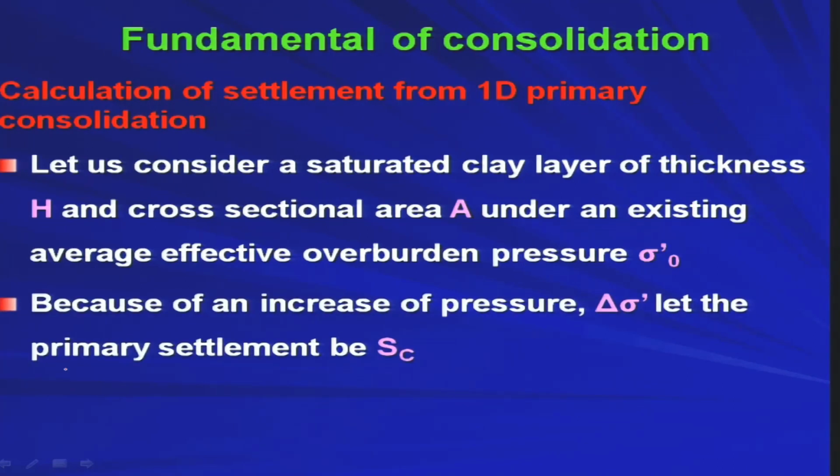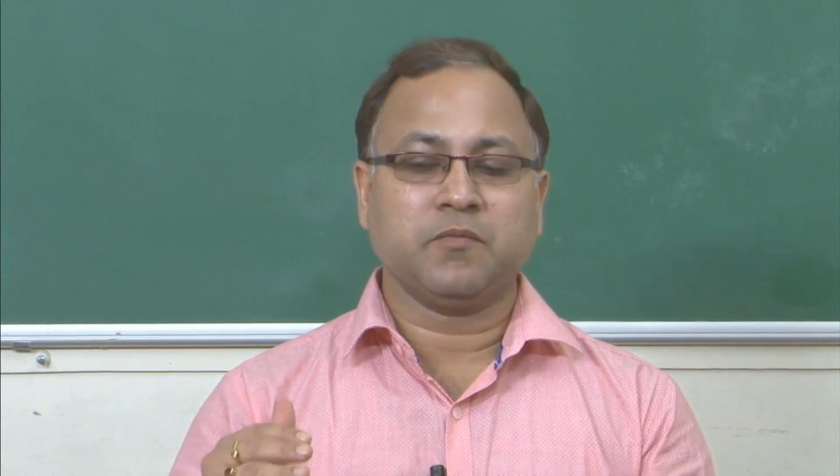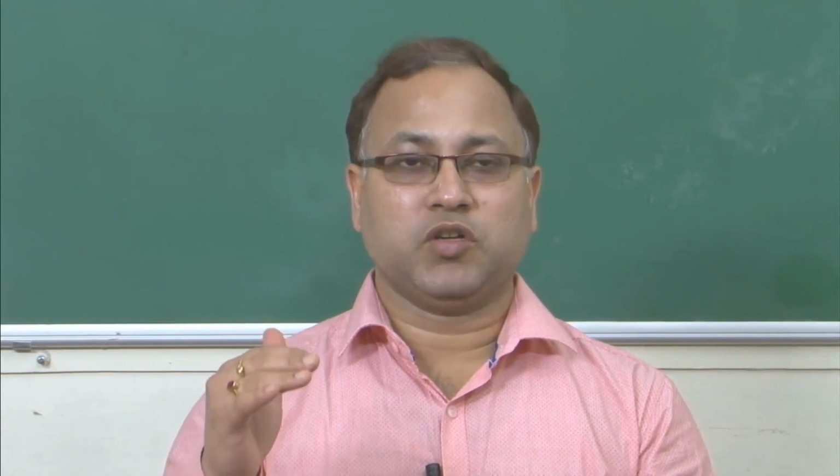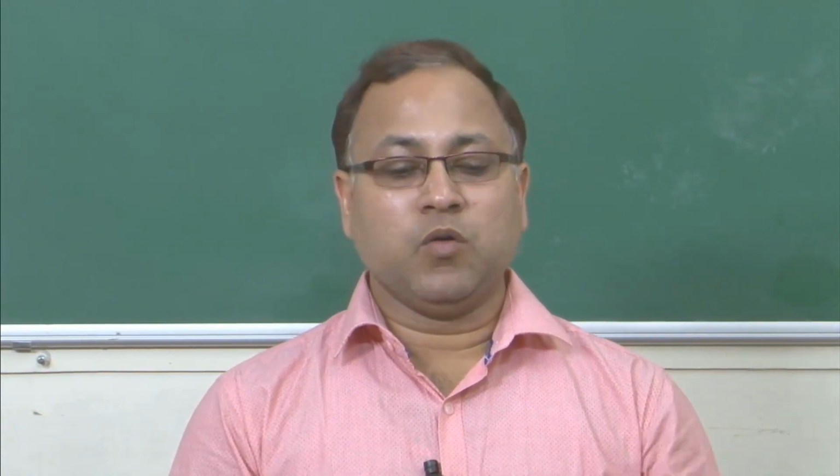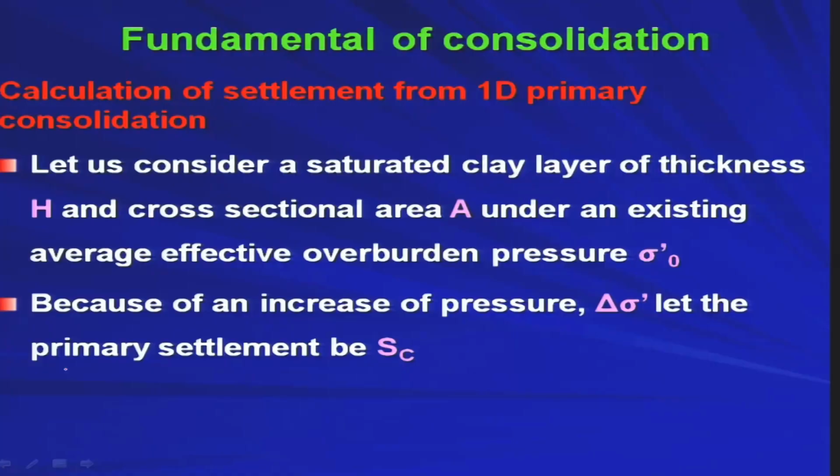Now, because of an increase of pressure, say delta sigma prime, this sigma naught prime was there. That was the initial starting point of the calculation. Now, because of an increase of pressure delta sigma prime, let the primary settlement be S_c.